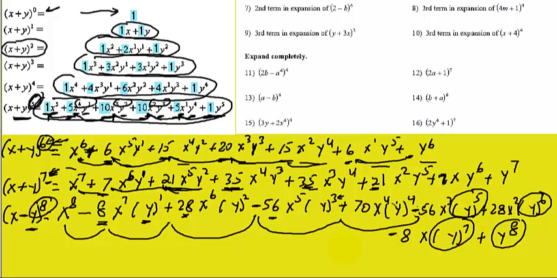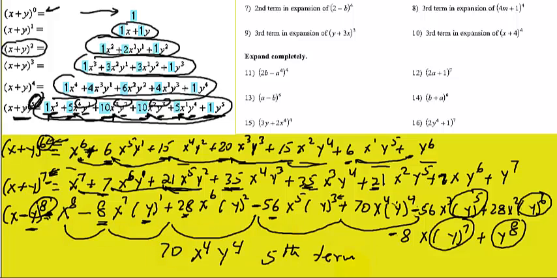So if I asked you to state the 5th term, then you know y will have a power of 4. And then x will also have a power of 4 because they have to add up to 8 in this particular problem. And then the coefficient, obviously, is 70.